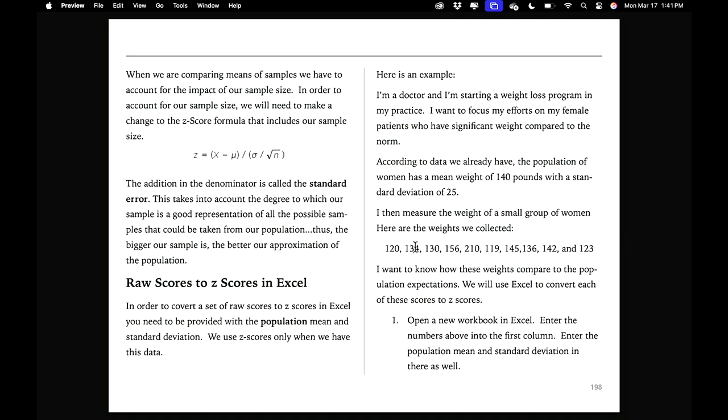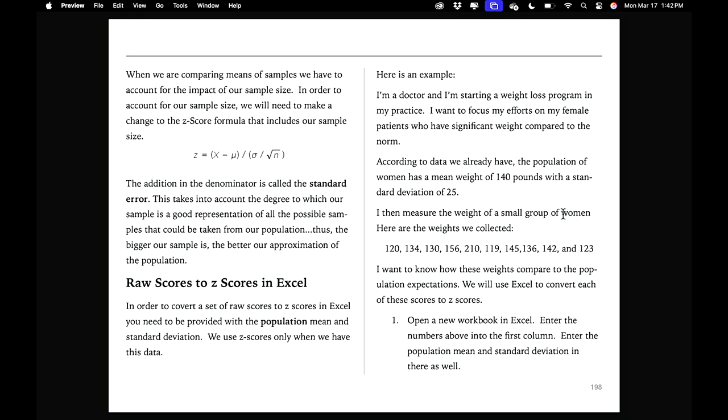So here's a group, okay? I'm a doctor and I'm starting a weight loss program. According to my data, we already have the population of women has a mean of 140 pounds with a standard deviation of 25. Then those are my population mean and standard deviation.